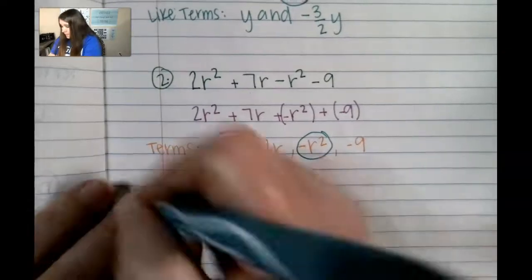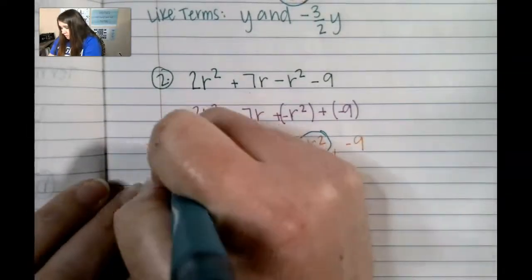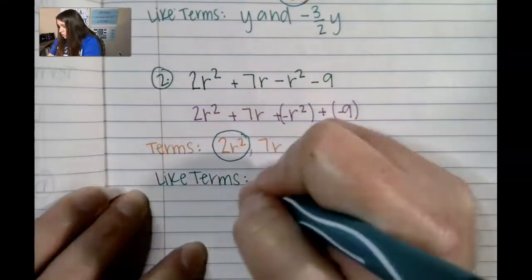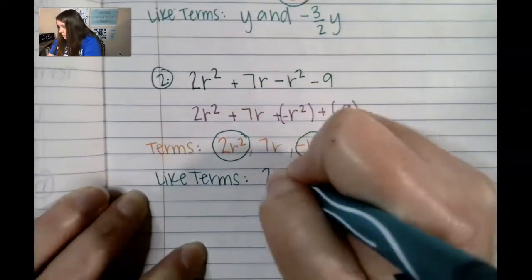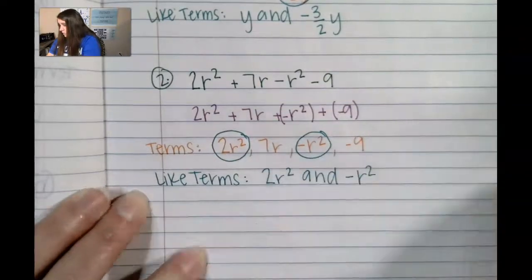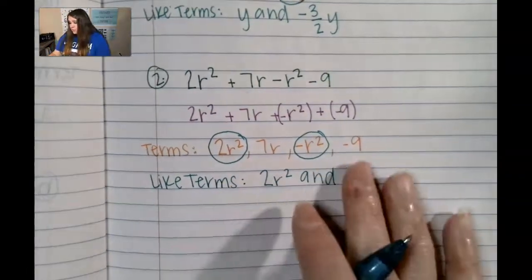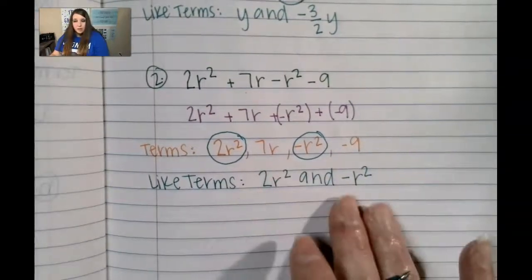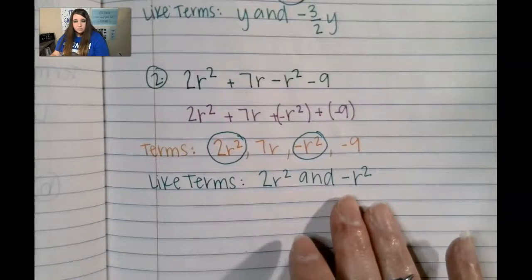So the only like terms that we have are 2r squared and negative r squared. We're going to go ahead and ignore the other two for now because they are not like terms.